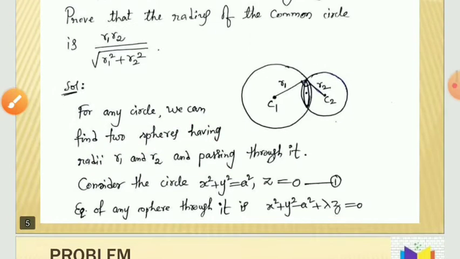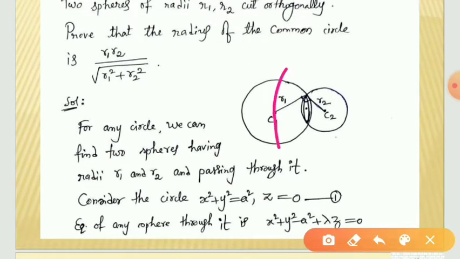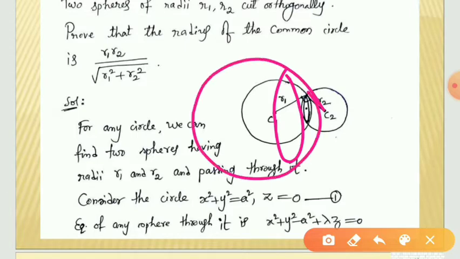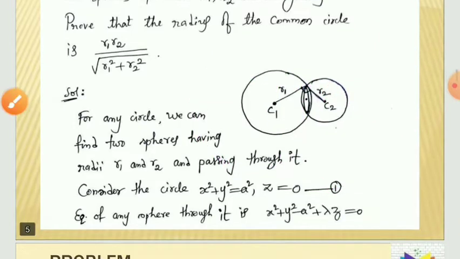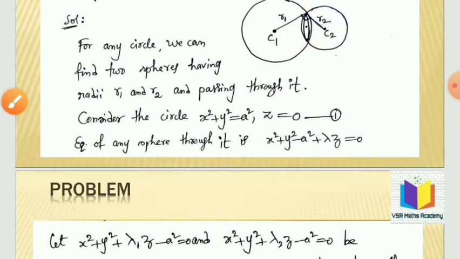If you take a circle randomly, for any circle you can draw two spheres, so that the radius of one sphere is r1 and the radius of the other sphere is r2. So two spheres pass through the circle. Therefore, to solve this problem, we can take any circle.